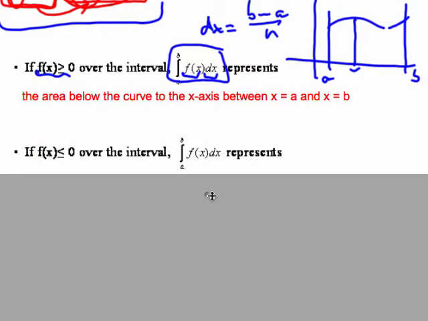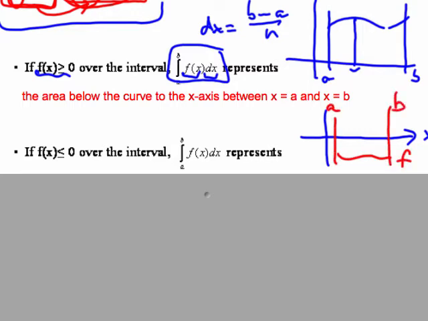But what would happen if the function was below the x-axis? So let's draw something like that. Here's f of x, bounded by x equals a and x equals b. This symbol would represent what?